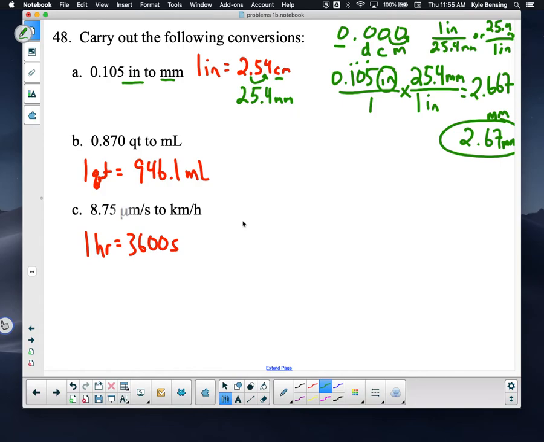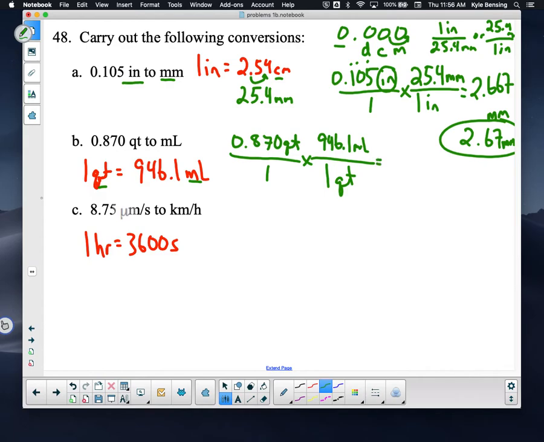So, for letter B, we're going from 0.870 quarts to milliliters. I have milliliters and I have quarts. So I start off with my problem like this. 0.870 quarts is on top, which means that I want to put 1 quart on the bottom, and that equals 946.1 milliliters.